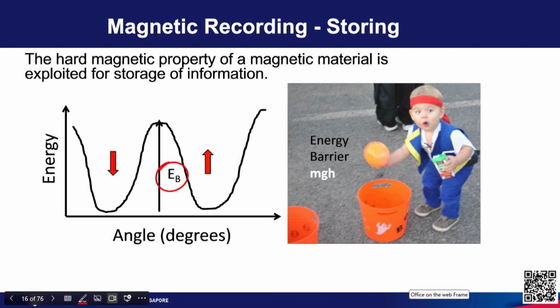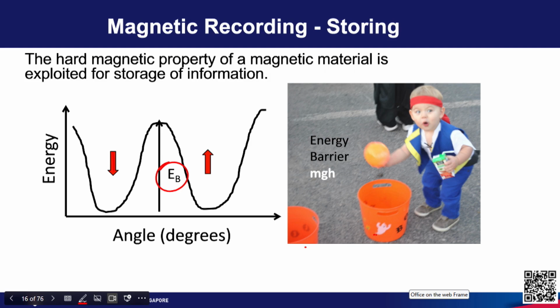You can imagine this energy barrier like this: let us say you have a ball in the bottom of this bucket, and if you want to transfer the ball from the bottom of this bucket to the bottom of the next bucket, you have to spend some energy, right. You have to overcome this potential energy mgh, only then can you transfer the ball from one side to the other. So, this gravitational potential energy prevents the ball from going from here to here.